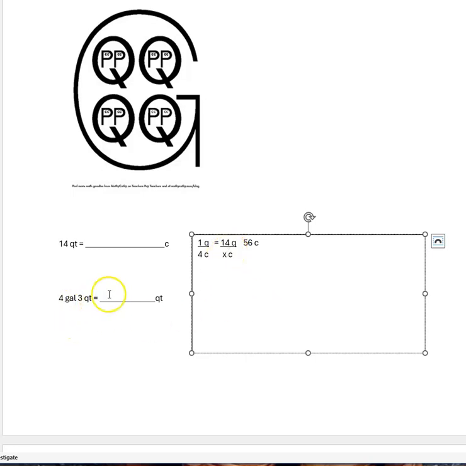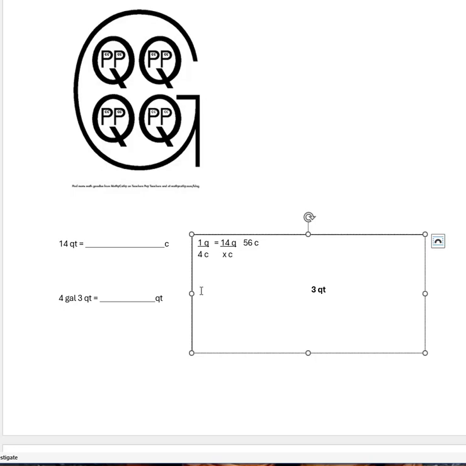Okay, here's the crazy one. 4 gallons, 3 quarts equals a certain number of quarts. First off, I'm going to put 3 quarts over here so that I know to add it in again. I'm talking about 4 gallons.